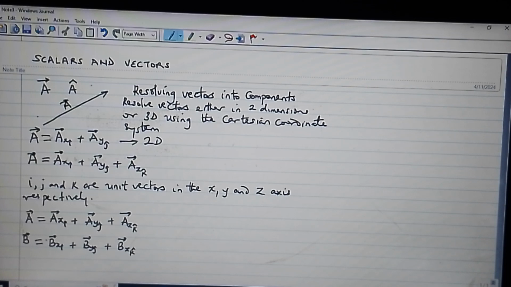I can add both vectors to give a third vector. I can also subtract both vectors to also give a third vector. So let's see how we can do that.